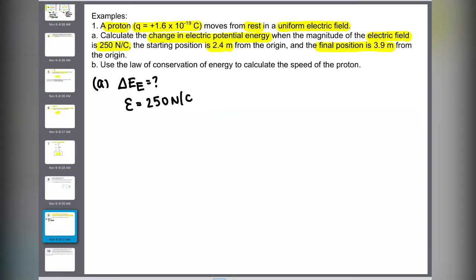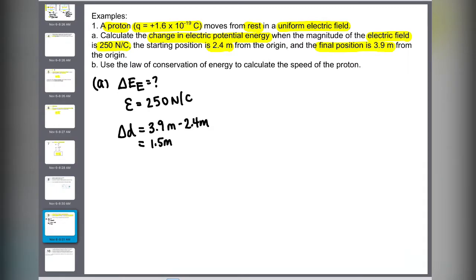Do you see that they have given you delta D? The final place is 3.9, the original place is 2.4, so whatever that difference is, that is your delta D.